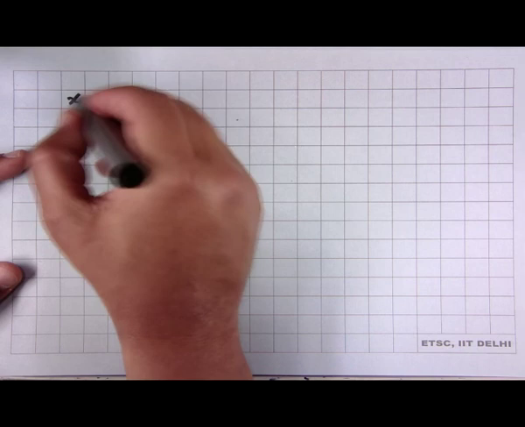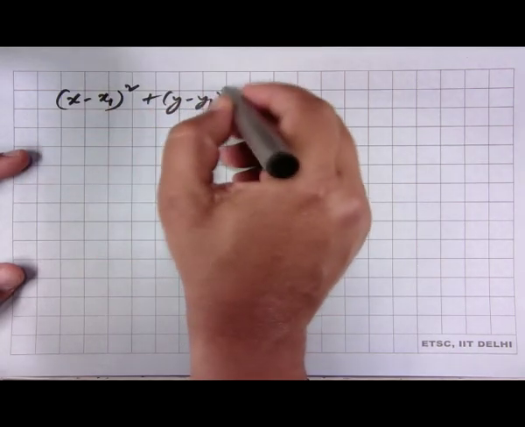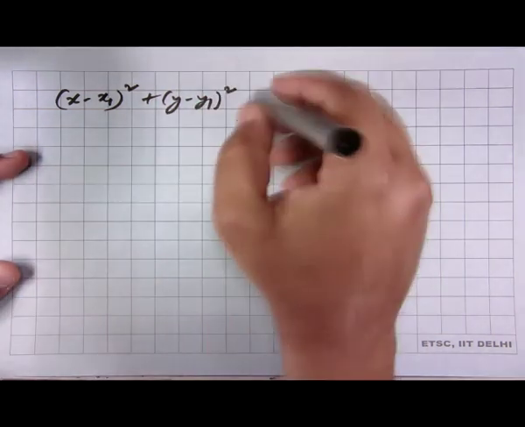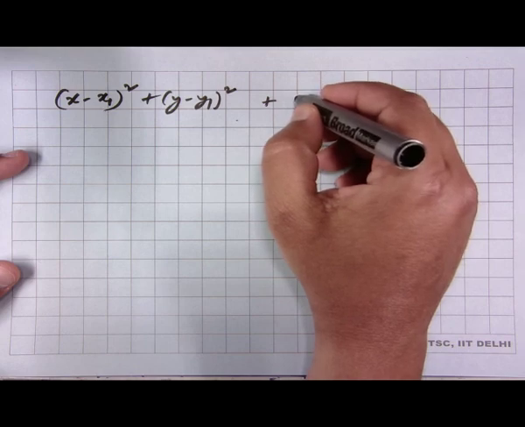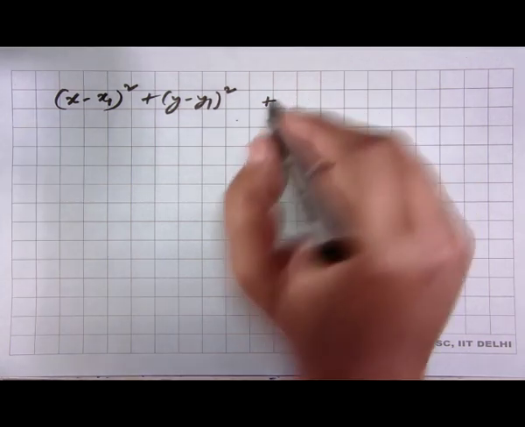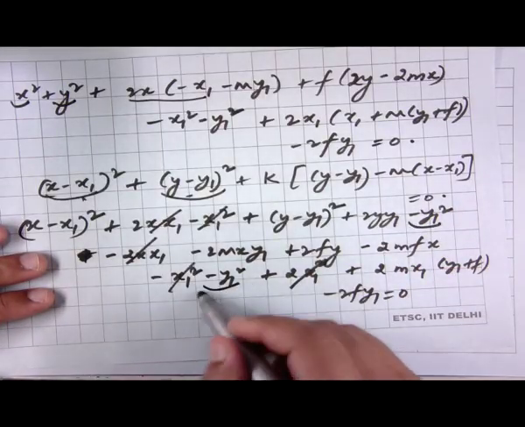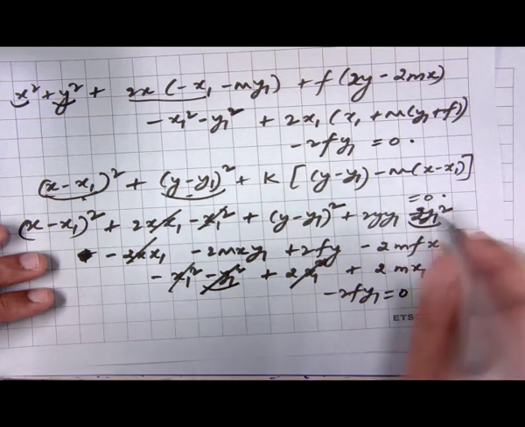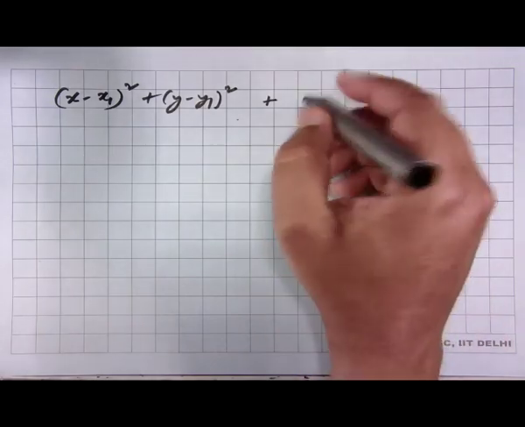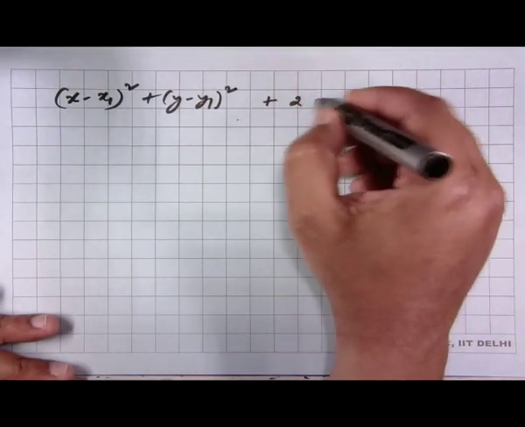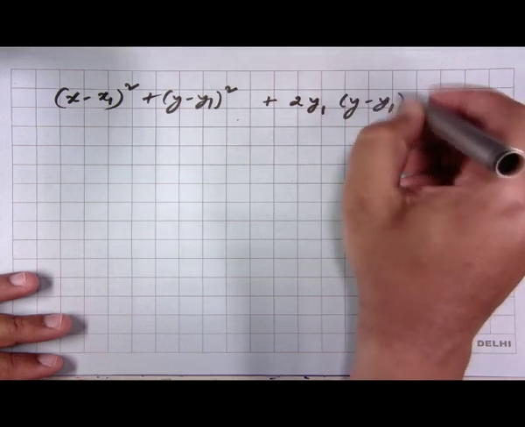We get plus this minus y1 square and this can be combined and written as minus 2 y1 square, and then this entire thing can be written as 2 y1 into y minus y1.